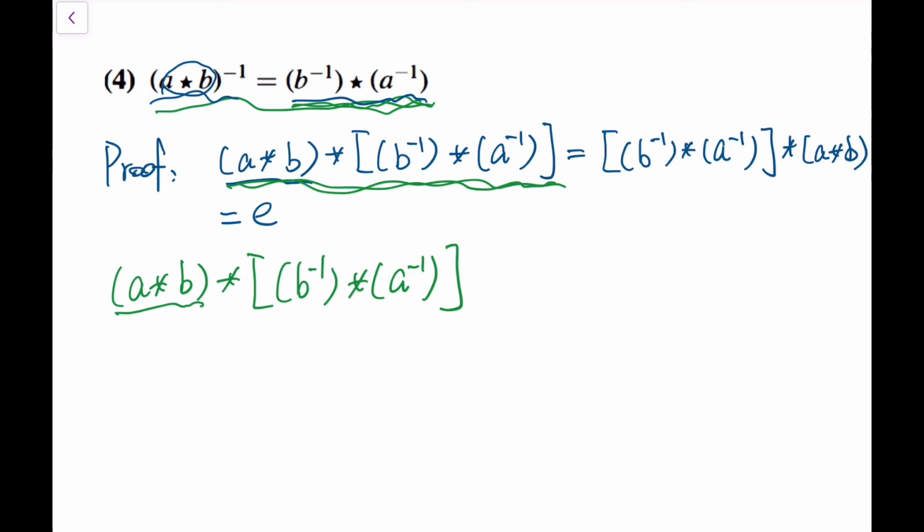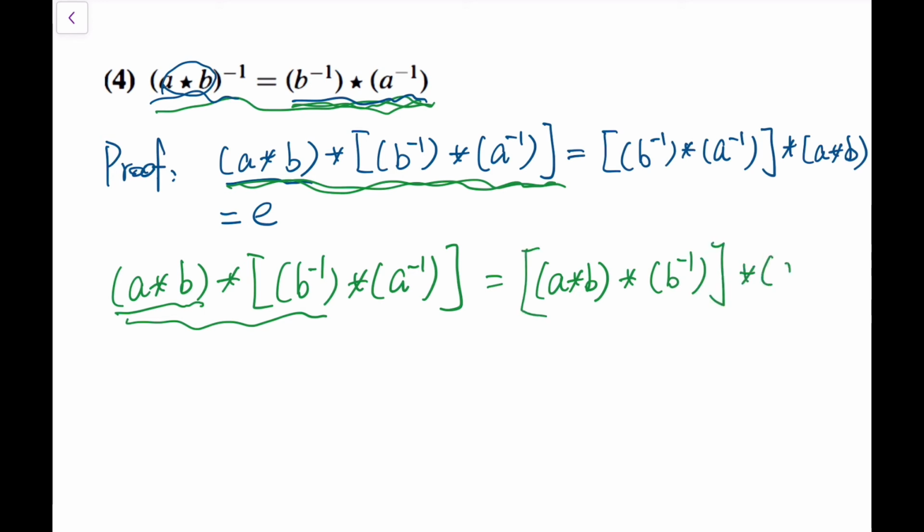So we can use the associative law, which this will be equal to A star B, then star, we do those two at first, B inverse, and then we star A inverse, right?